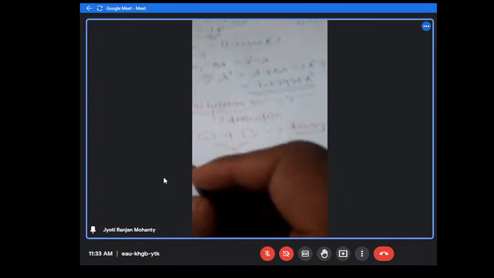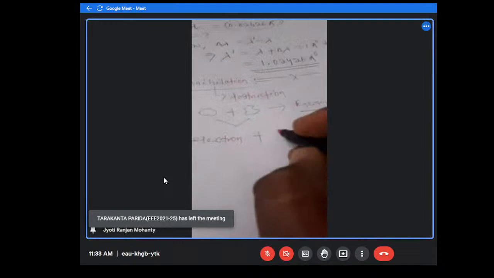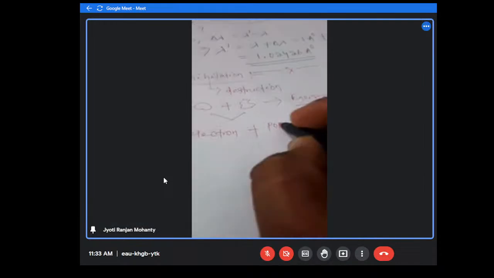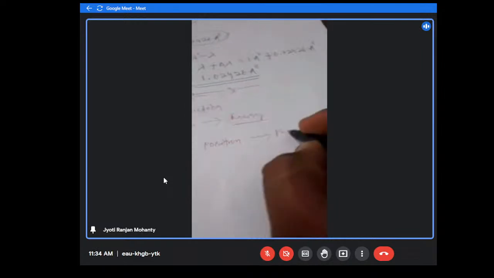So we have to take one example. Be quick, you have to write. This is an electron. If an electron combines with its antiparticle, that is a positron, then we get a photon or gamma ray.